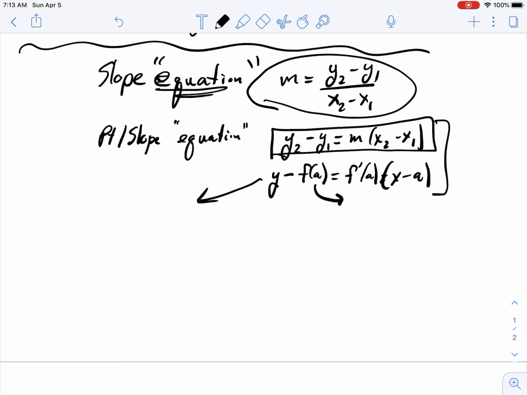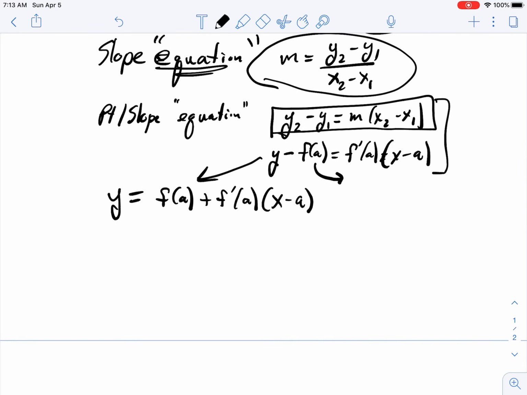Now if I move this over, then I have y equals f of a plus f prime of a times (x minus a), or you could even, which they have done several times on the AP exam, move this piece behind it, and you have f prime of a times (x minus a) plus f of a.